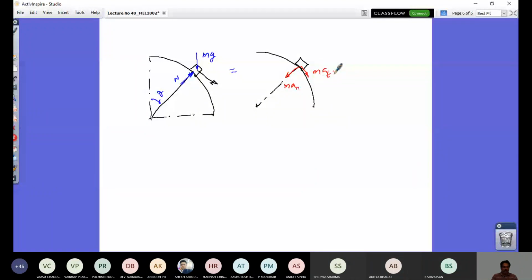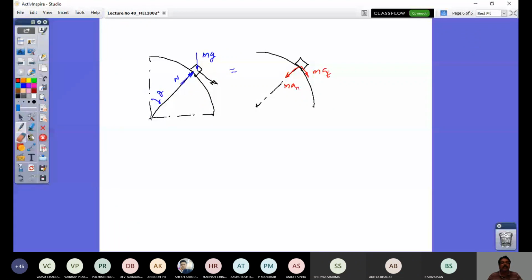That's what I have. So this will help me to solve this further. Here I have, these are the only forces. So this is the direction. Let me erase this line because that may mislead you. This is the direction of velocity.